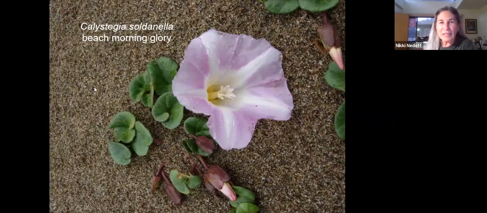Here's another really interesting wildflower you find in the dunes, the beach morning glory, with these kidney-shaped leaves right on the sand and this campanulate, or bell-shaped, flower that's typical of this family. And again, like the verbenas, it has a long, tuberous, thick, fleshy root that anchors it and holds moisture in these environments.